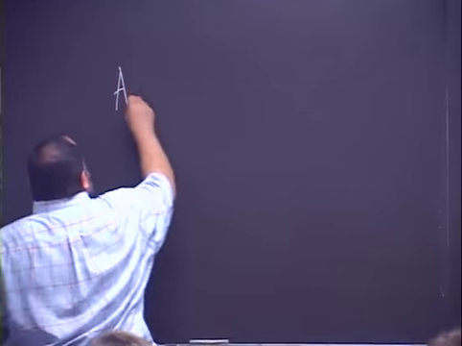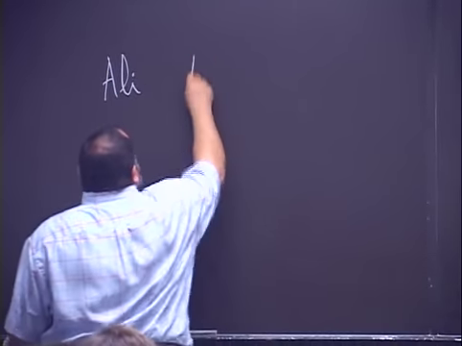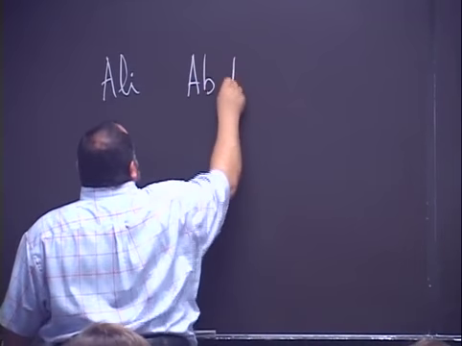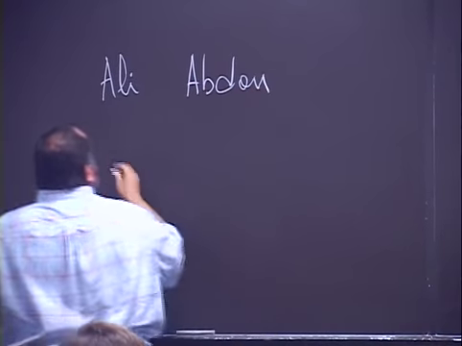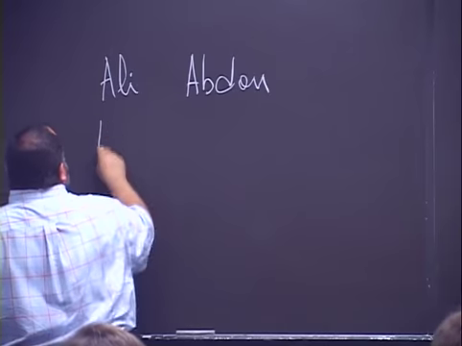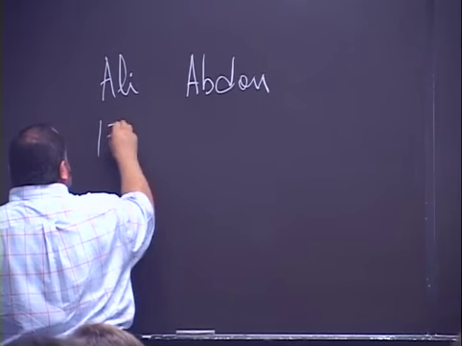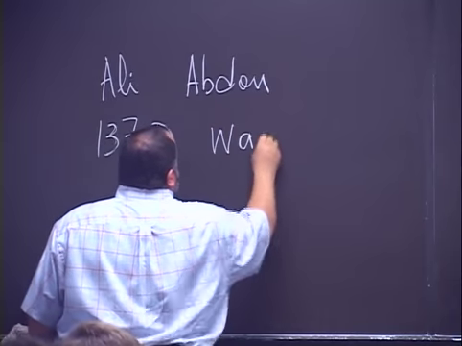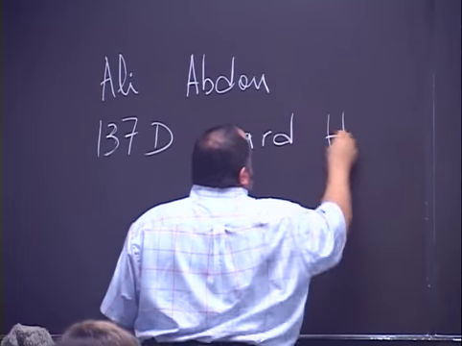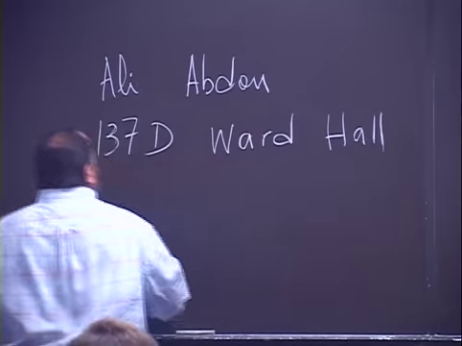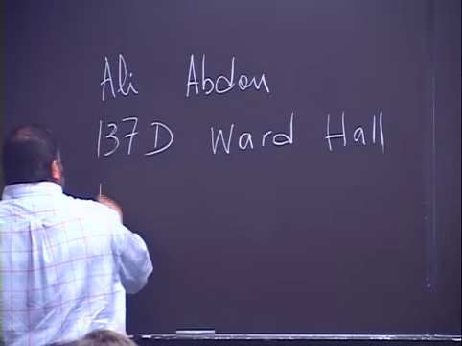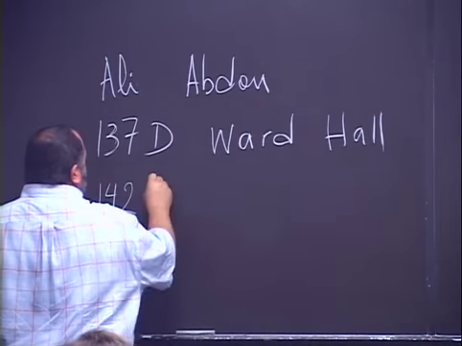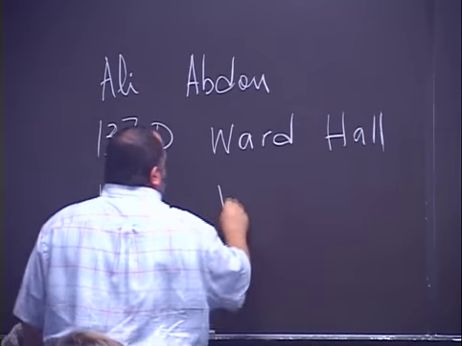So let me first give you my contact information in case you want to contact me. This is my first name, my second name, and I am at 137 Ward Hall. If you cannot find me at 137, most probably I am at 142, also Ward Hall.